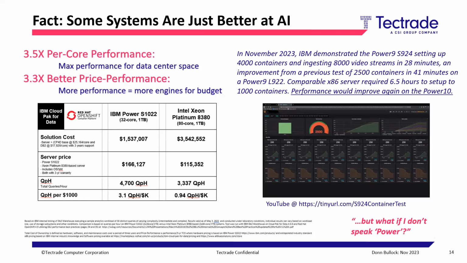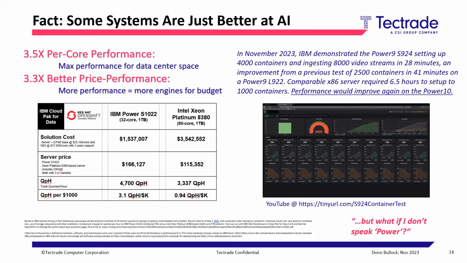That was an improvement from a different Power 9 system that they used, where they were able to do 2,500 containers in 41 minutes. What's amazing is that a comparable x86 server took 6.5 hours, and it only got up to 1,000 containers. So when you're looking at raw performance and building the best AI environment that you want, the numbers speak for themselves.